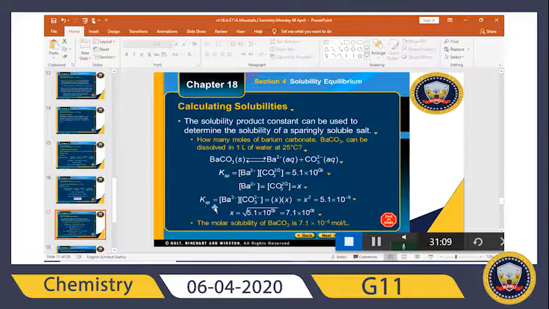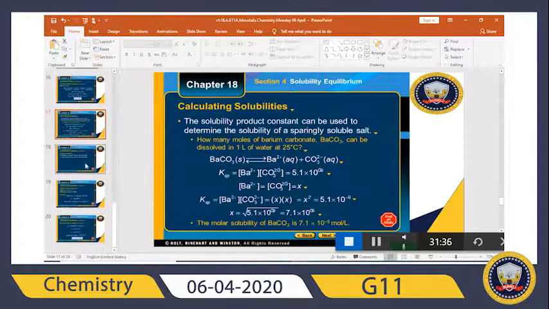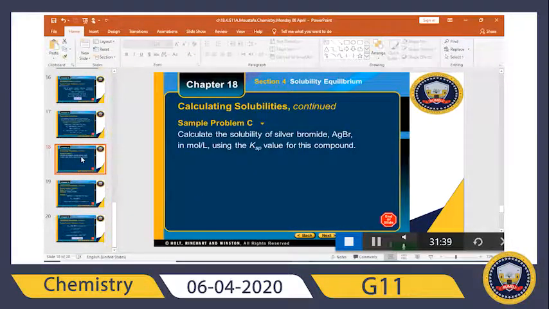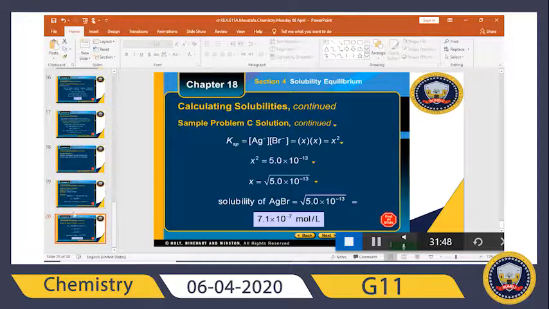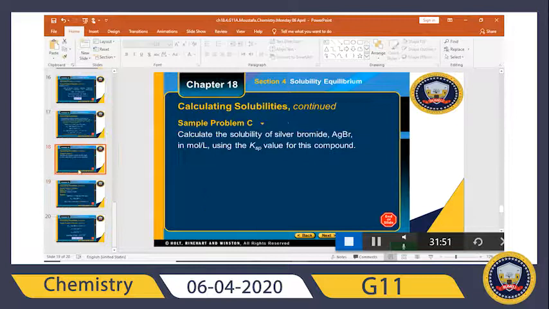So Ksp equals X times X, so it will be X squared. This X squared will equal this value. So you can find X by calculator. The molar solubility of barium carbonate is 7.1 times 10 power minus 5 mole per liter. Okay, this is another example, and you can find it by the same calculations.